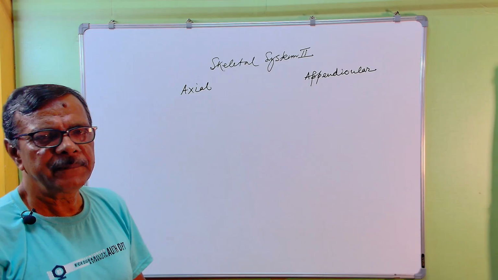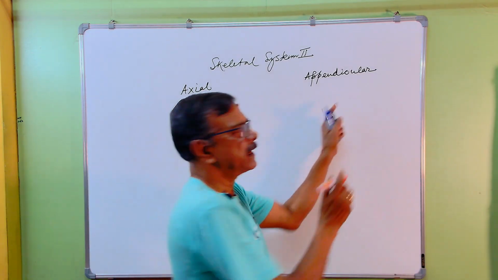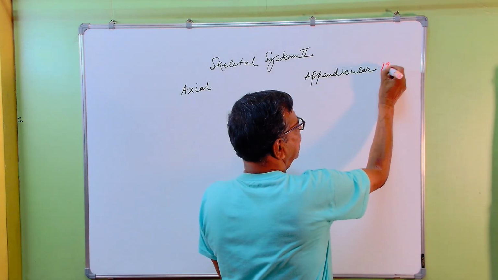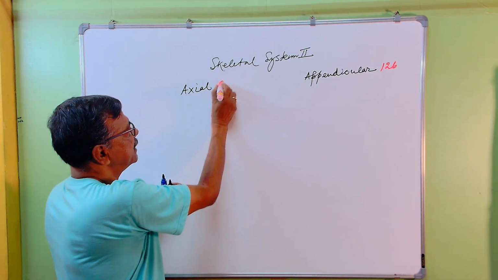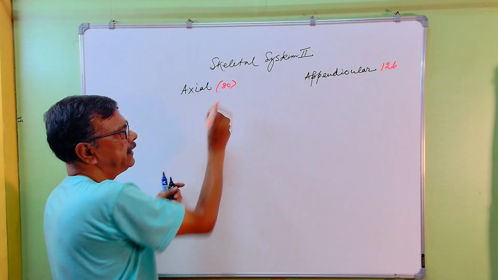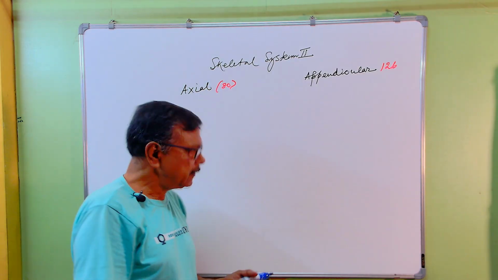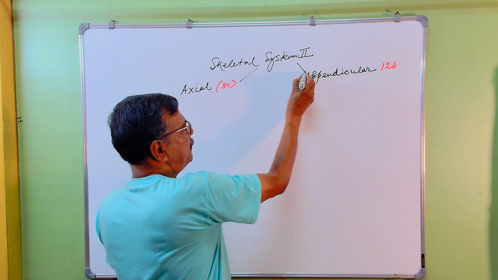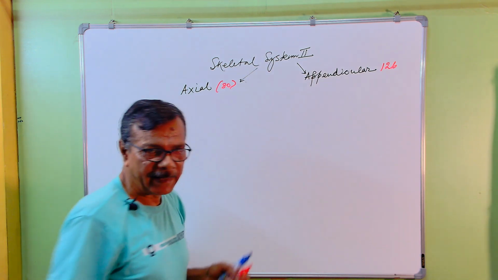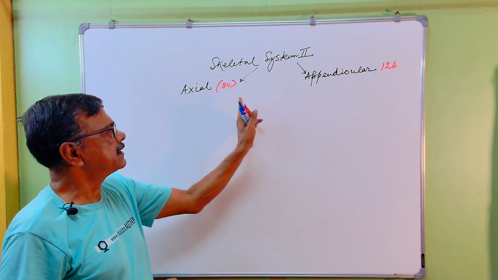What we have said: the appendicular skeleton has 126 bones and the axial skeleton has 80 bones. Clear? So this constitutes the human skeletal system.